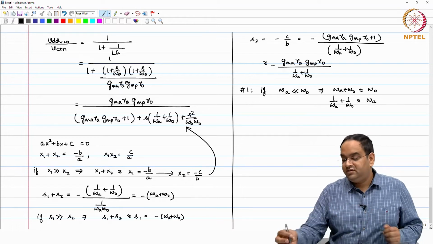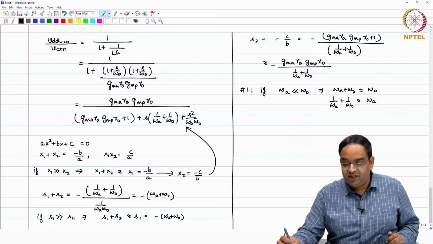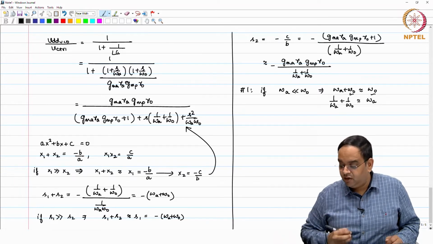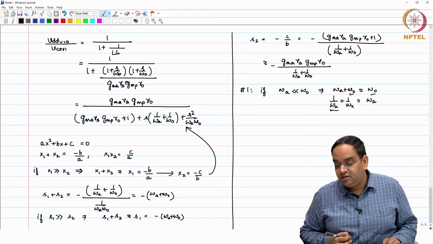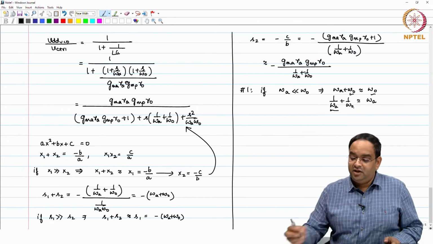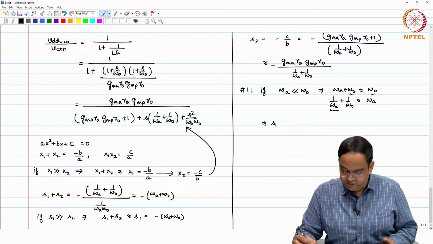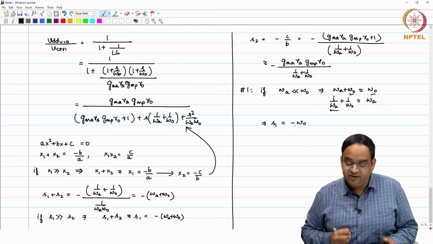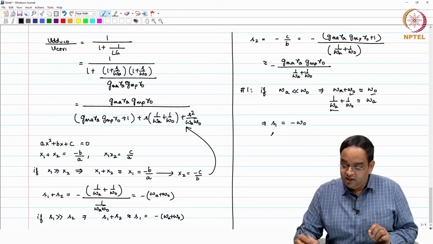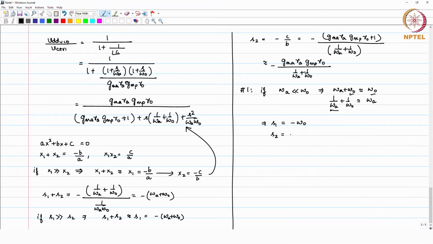This is nothing but saying that in omega a plus omega o, the larger value is going to dominate, this is omega o, and in the case of 1 by omega a plus 1 by omega o, the smaller one is going to dominate. Given this, our two poles are one at minus omega o, which is not dominant by the way, and the other pole is S 2, which turns out to be minus GMA RA GMP RO times omega a. This is the dominant pole.